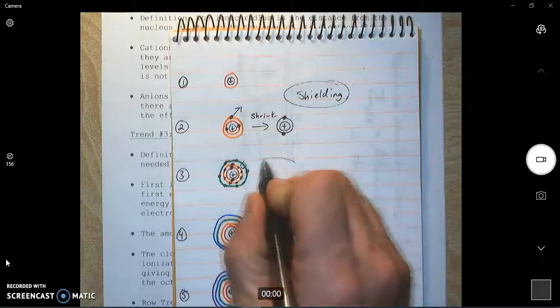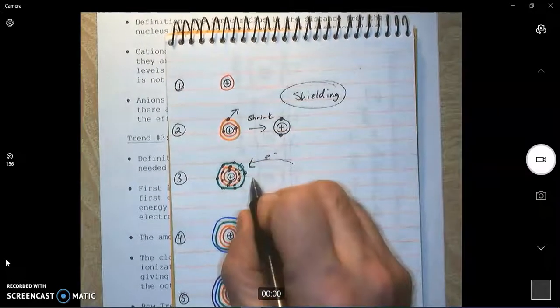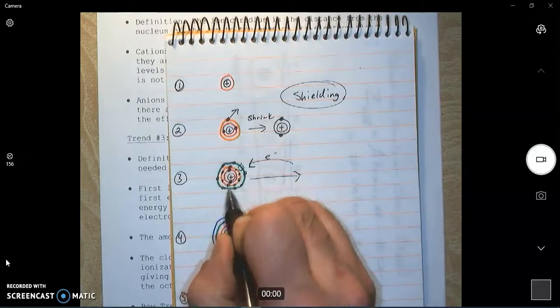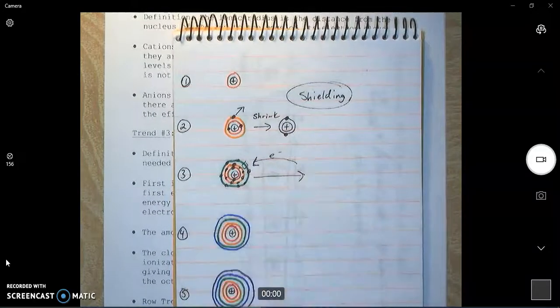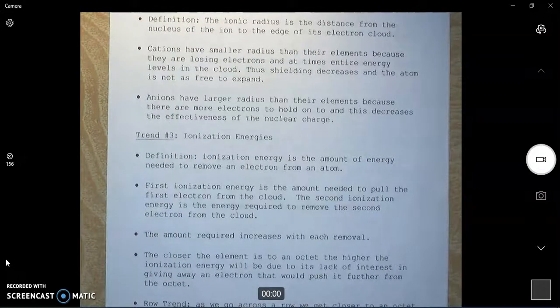If an electron comes in, then what happens? Now you have the same nucleus trying to hold on to more electrons. When nonmetals ionize, they grow, and that's because you have the same nucleus trying to hold on to extra electrons.